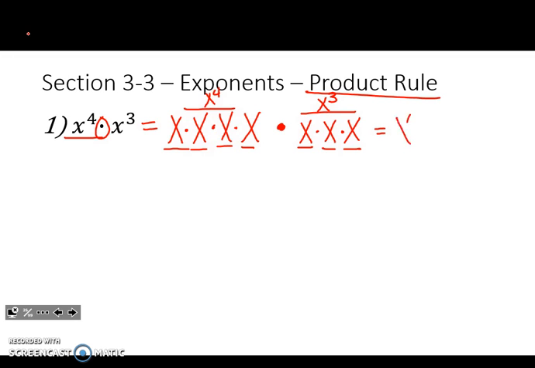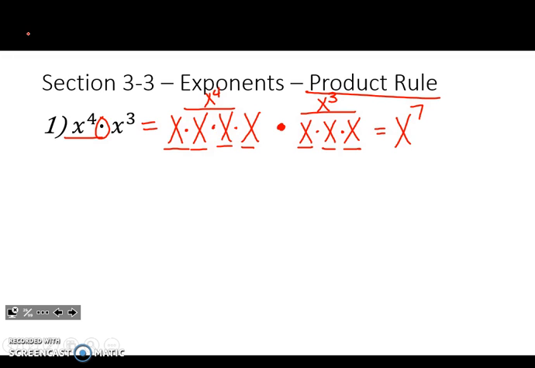So I could write that as x to the 7th power. Because x to the 7th power means I'm going to write down the base of x 7 times, multiplying it times itself, which is exactly what I just wrote when I wrote x to the 4th times x to the 3rd.